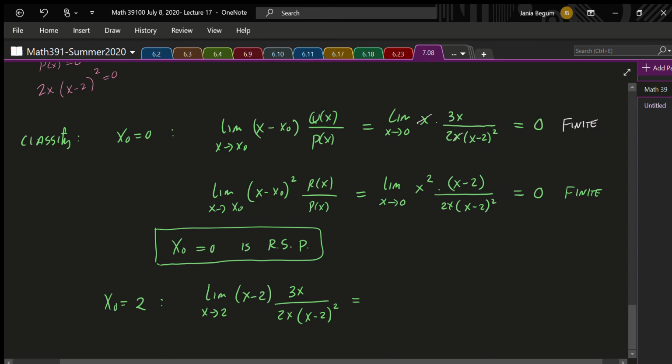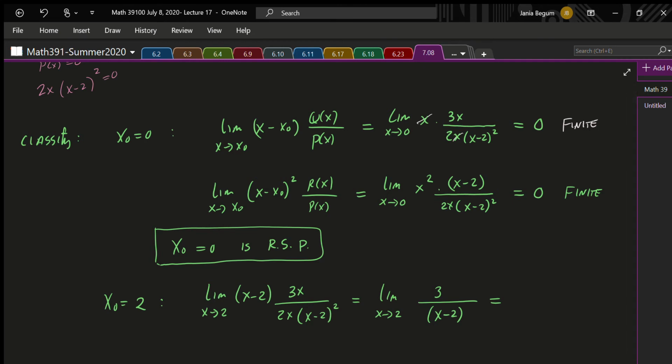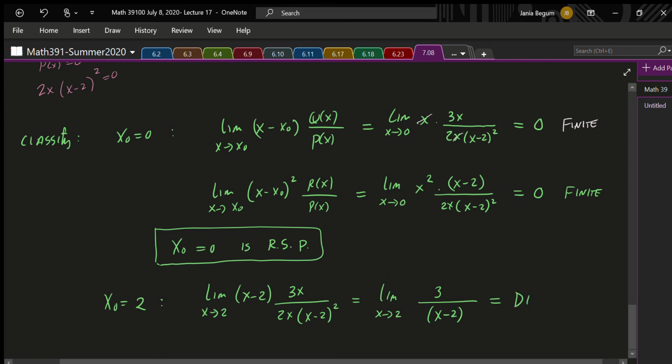If I were to simplify, one of the x minus 2 factors will cancel. So you have the limit as x goes to 2, and then the x's will cancel. So that's 3 over x minus 2. As we plug in x equals 2 for this limit, what happens? It's undefined. So this limit doesn't exist.